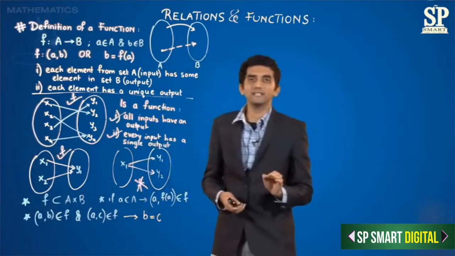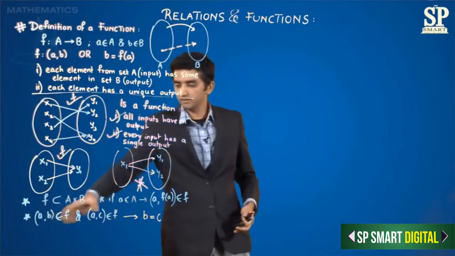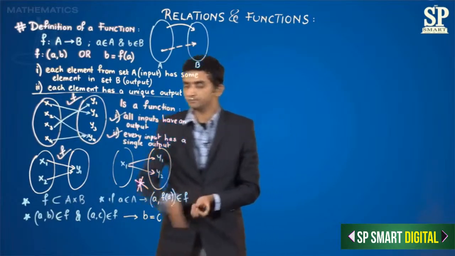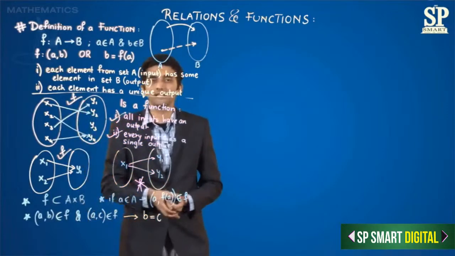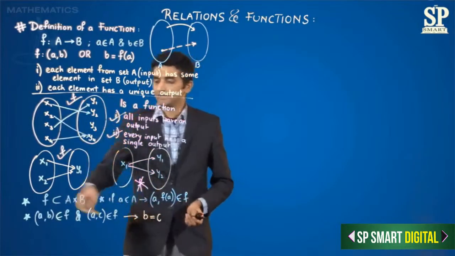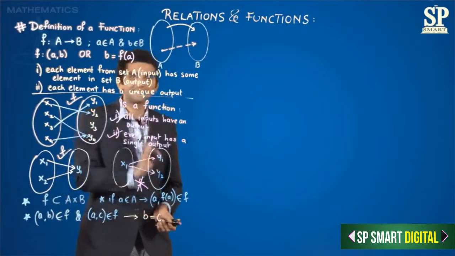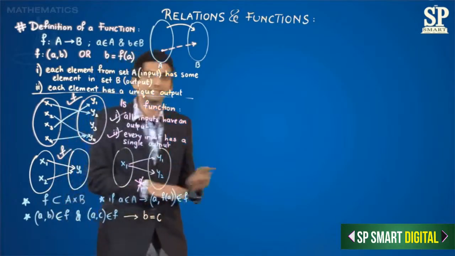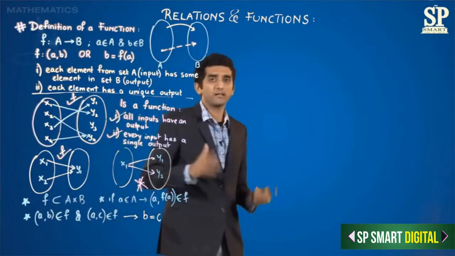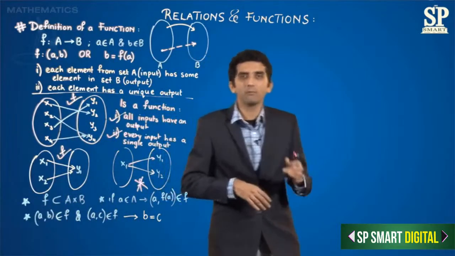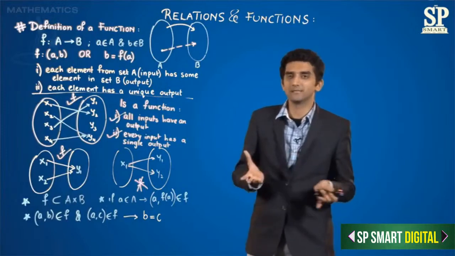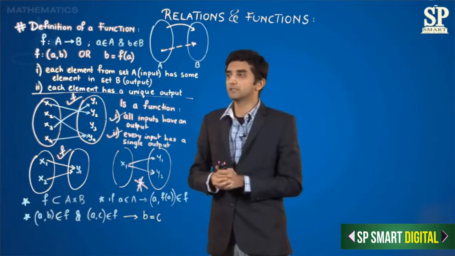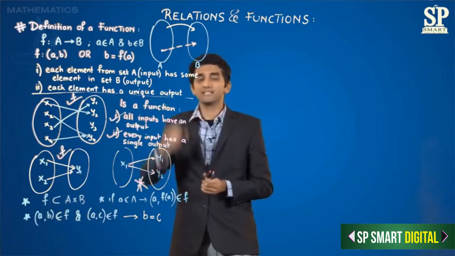That is the only case where this situation is still a function, and it is not violating the condition that every input has a single unique output, because b and c are the same, so there's only one ordered pair, (a, b) or (a, c), because b and c are the same thing. So these are the two key properties we have understood from the basic definition of function.